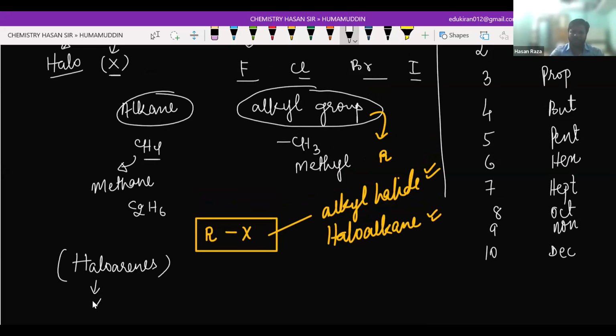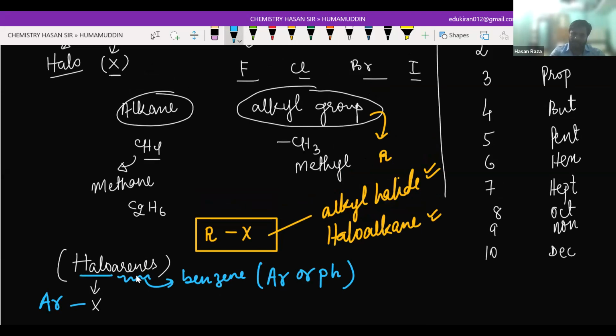Halo, you already know, is X. Arene I need to explain. Arene is basically a benzene ring, generally represented by Ar or Ph. If benzene is connected with any halogen, that is haloarene. And if an alkyl group is connected with a halogen, that is haloalkane. Is that clear, both of you?